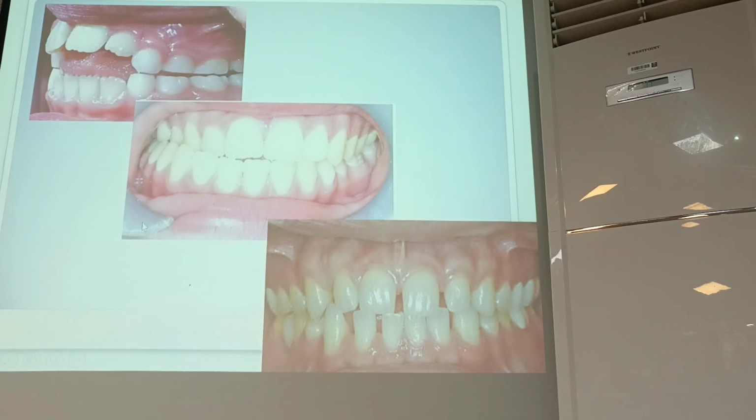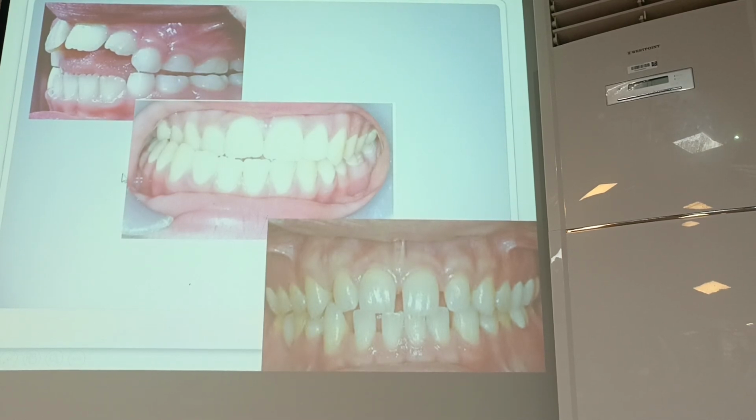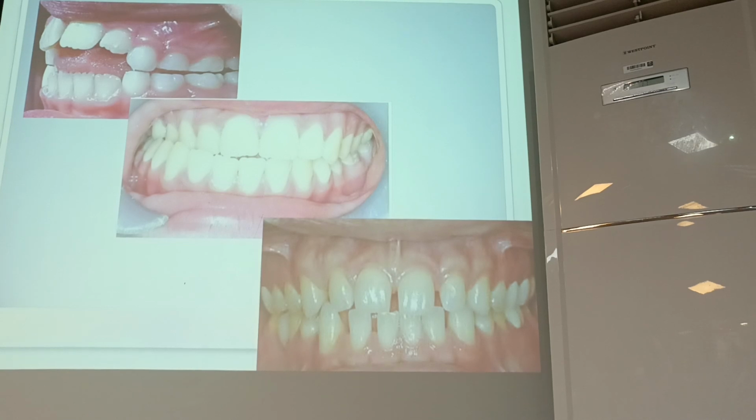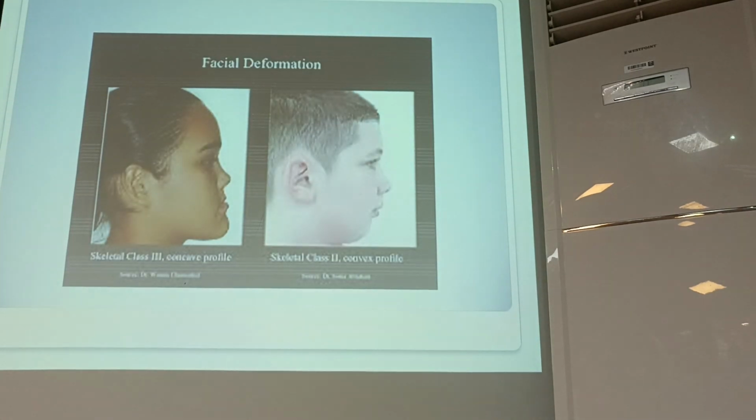We have unilateral crossbite. Can you see? This side is normal, but the other side is abnormal. You can see it. And we have also general spacing. This is a kind of malocclusion that needs treatment.